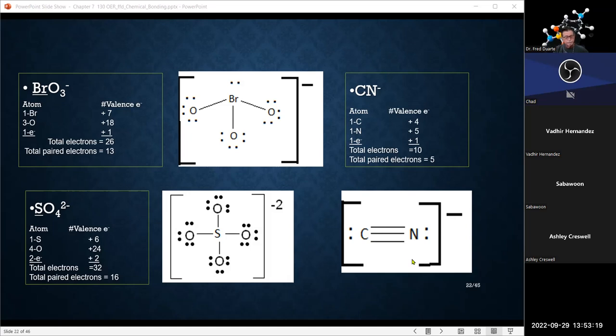At the end, we put a bracket around the formula we come up with and the charge in the top right corner. And then we can still use the general formula to determine its particular geometry. Don't forget to do the correction factor depending if it's a positive or negative ion.